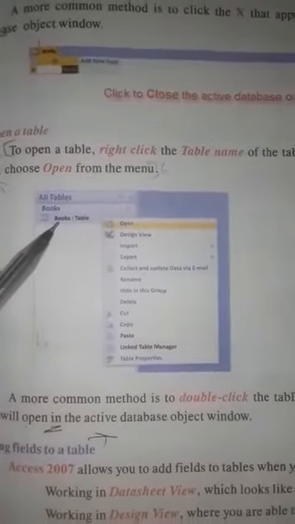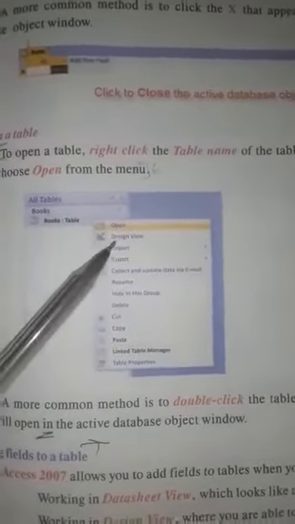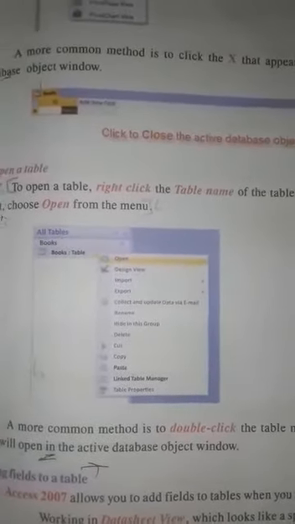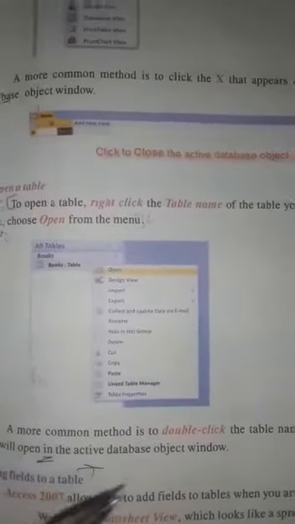Then how to open a table? To open a table, right click the name of the table you wish to open in the navigation pane. Next choose Open from the menu. Now your table will open on the screen.